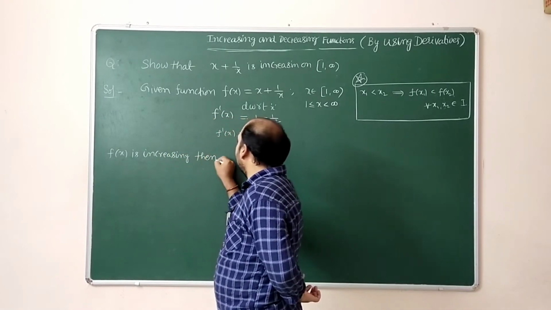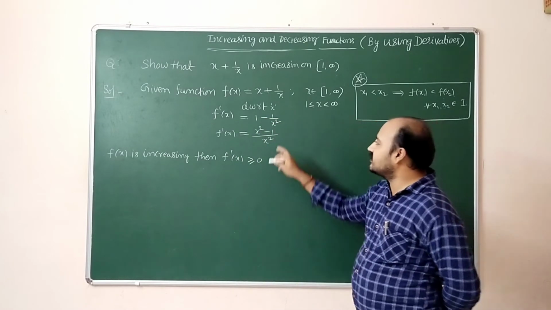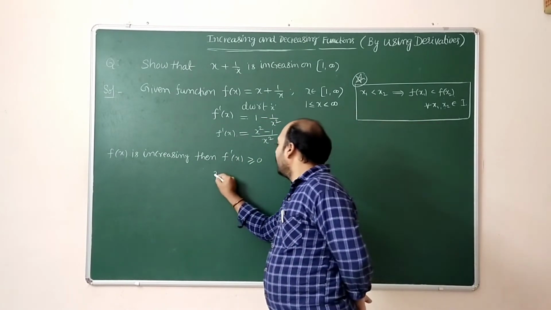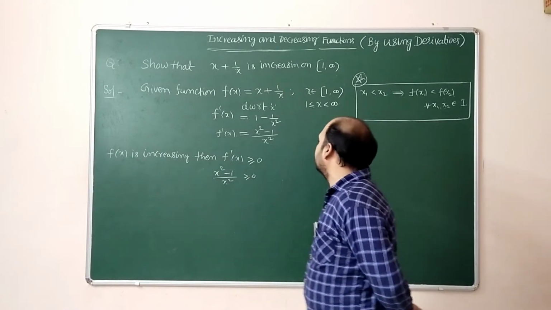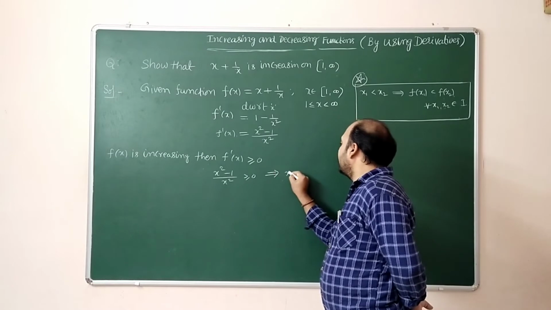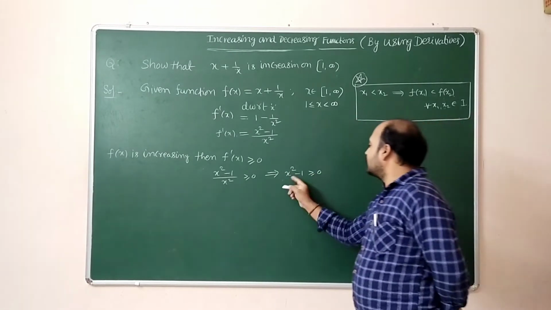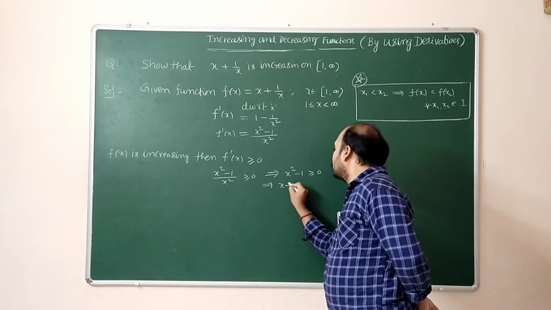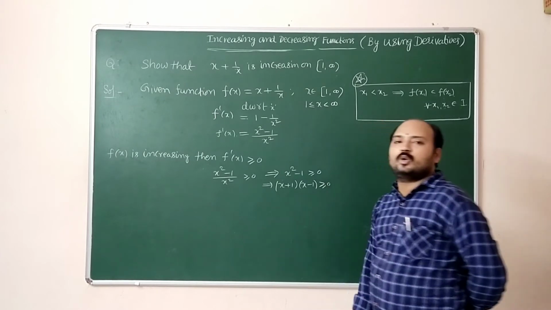Then f dash of x is greater than or equal to 0. f dash of x means this only. So, x square minus 1 divided by x square is greater than or equal to 0. That implies that x square minus 1 is greater than or equal to 0. So, x square minus 1 can be written as x plus 1 into x minus 1 is greater than or equal to 0.